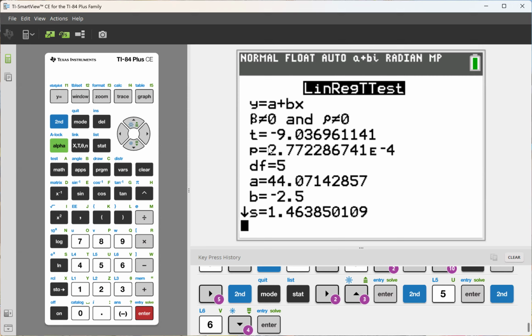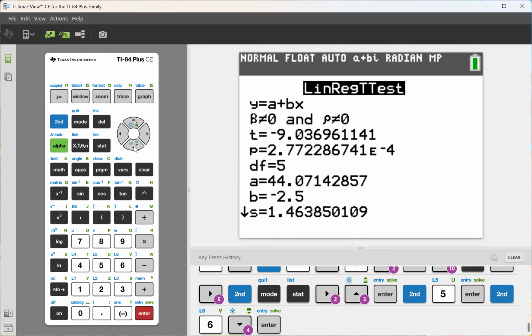So there are 3 zeros to the right of the decimal place before the 2. So the p-value is 0.00028.